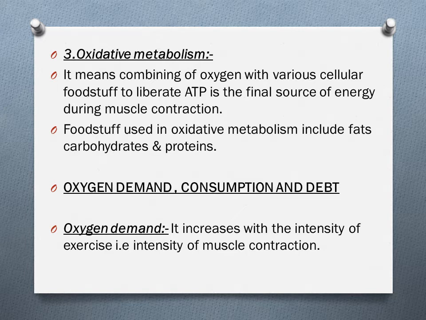Oxygen demand increases with the intensity of exercise or the intensity of muscle contraction. It has been reported that in a sprint lasting for half a minute, the oxygen demand is around 20 liters per minute.